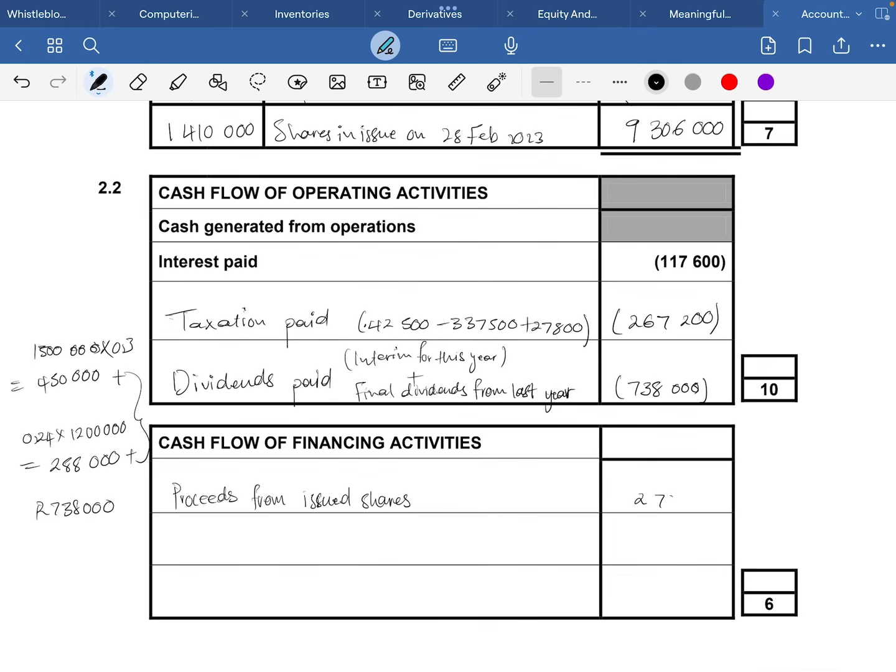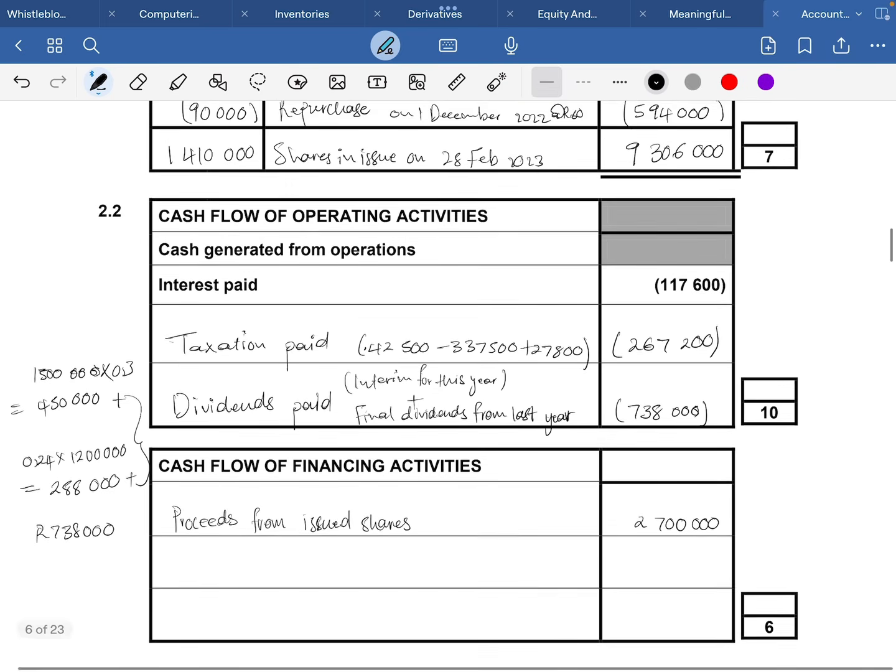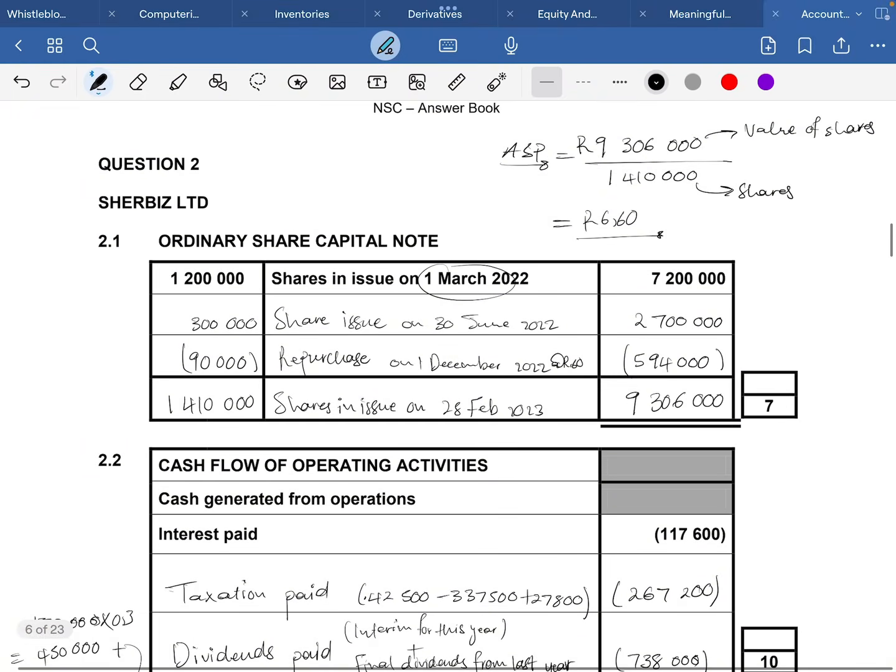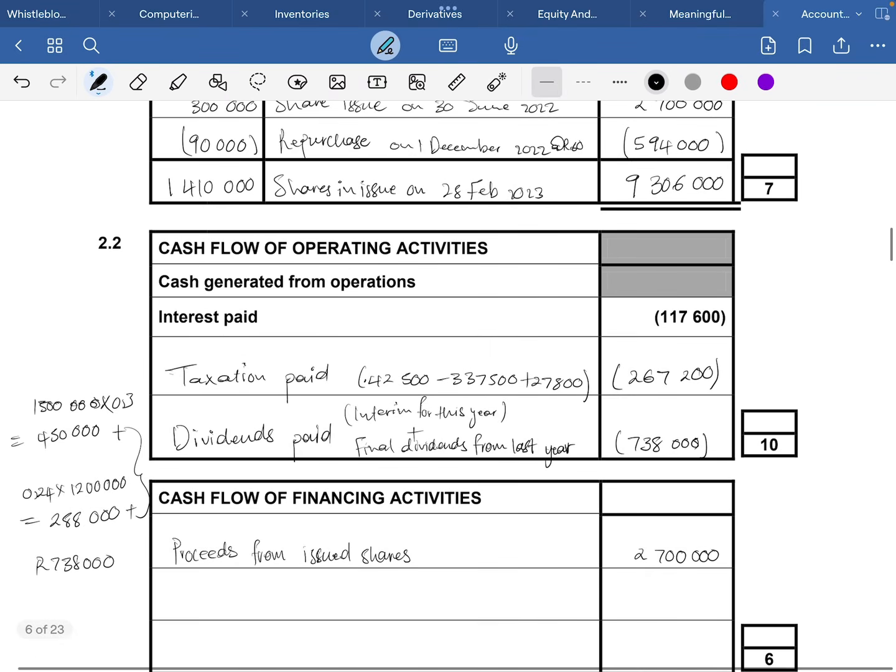That's an inflow. And then we used some funds to repurchase the shares, remember? So funds used to repurchase shares.